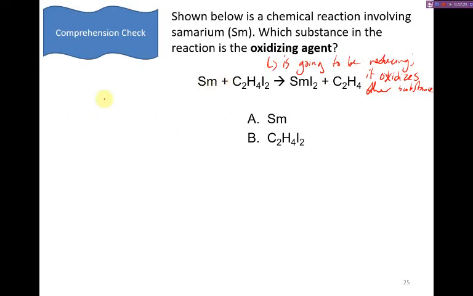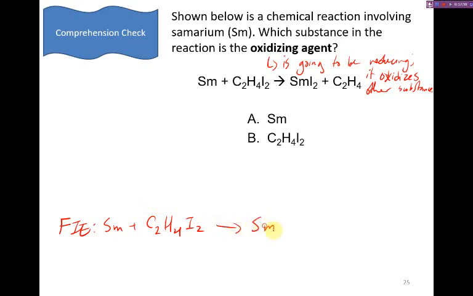So this is our molecular equation. To write out our full ionic equation, we have samarium plus C2H4I2. And this is not going to dissociate because it's all molecular.